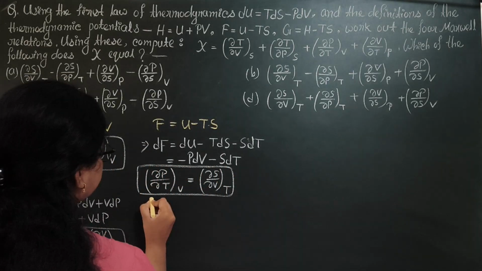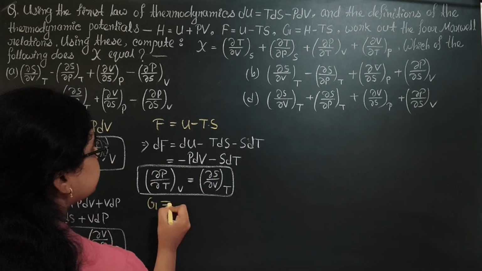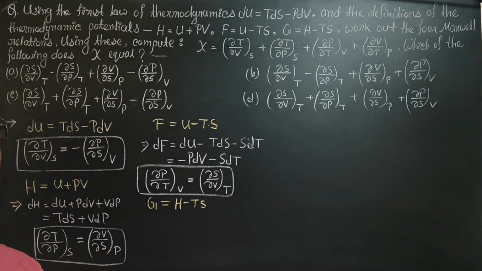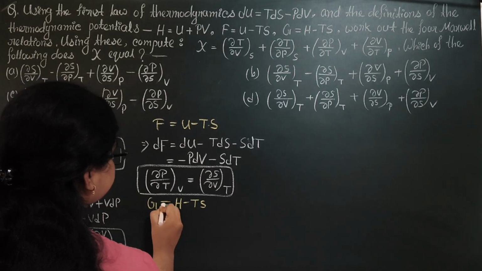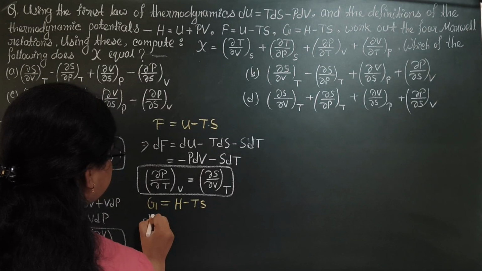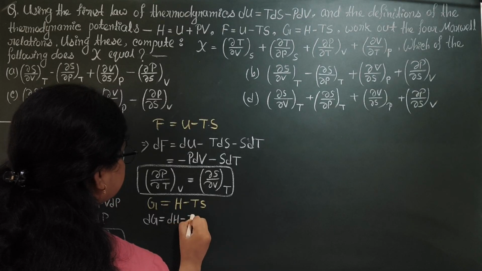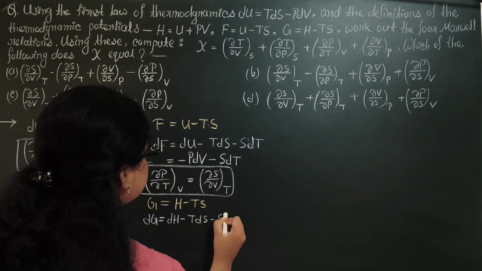Now the last one, G, that gives the free energy, G equals H minus TS. It will give dG equals dH minus TdS minus SdT.